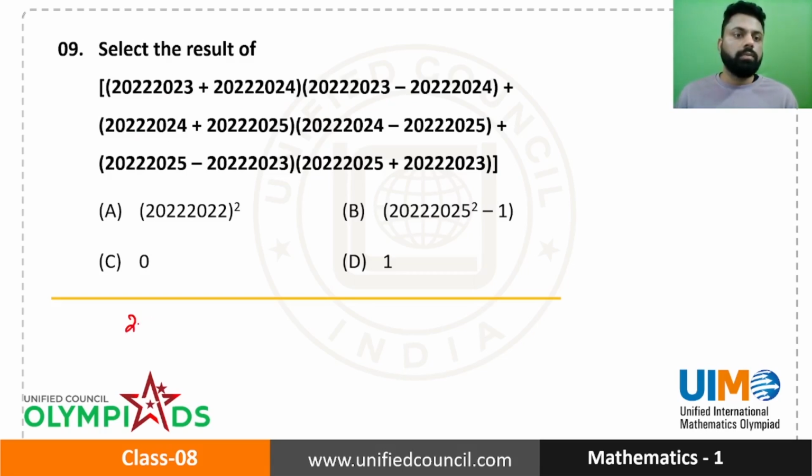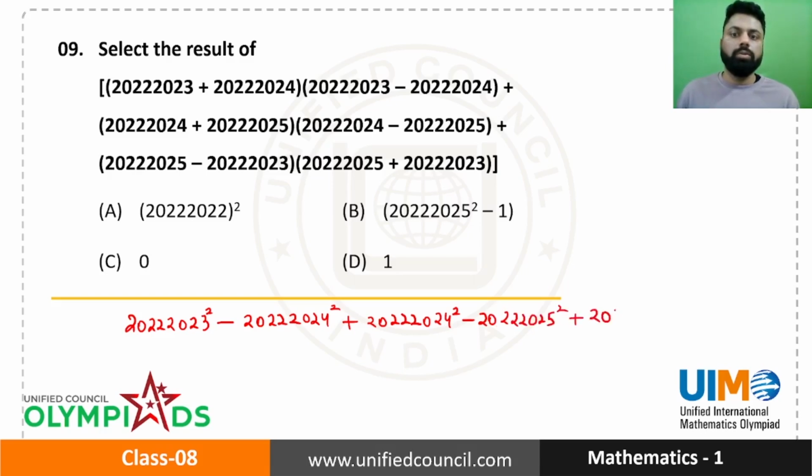So this is 20222 square minus 20224 square plus 20224 square minus 20225 square plus 20225 square minus 20223 square.